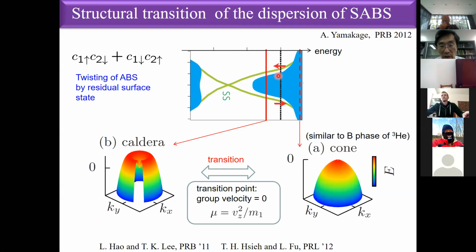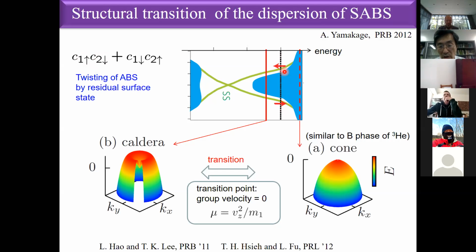Okay, so if it's an overdoped material and the chemical potential is located here, then we should expect such a cone type Andreev bound state, and it does not produce a sharp zero bias conductance peak. But if we change the position of the chemical potential to here, a very unusual thing occurs because in this interorbital pairing, it's strongly coupled to orbital spin locking.